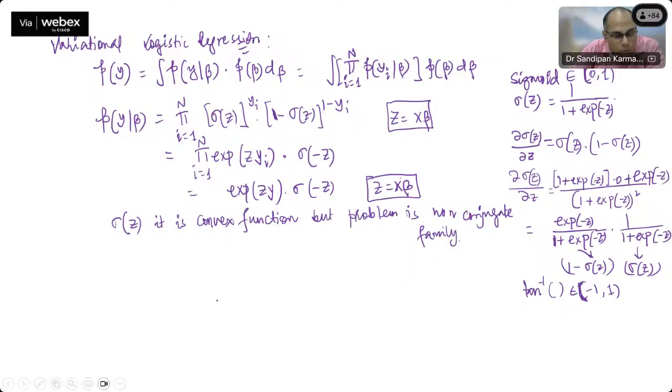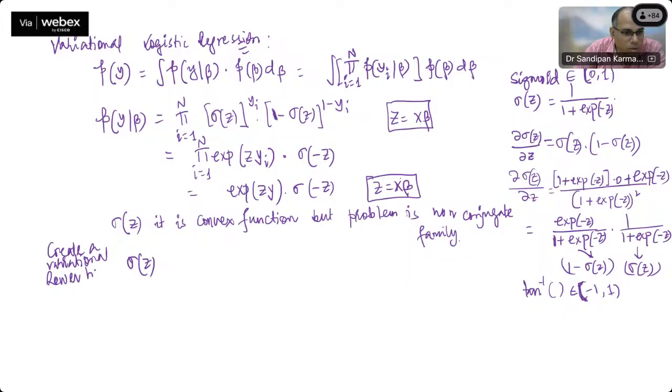So what we have to do is create a lower bound on this particular function. We have to create a lower bound, which will be called a variational lower bound on this sigma z.